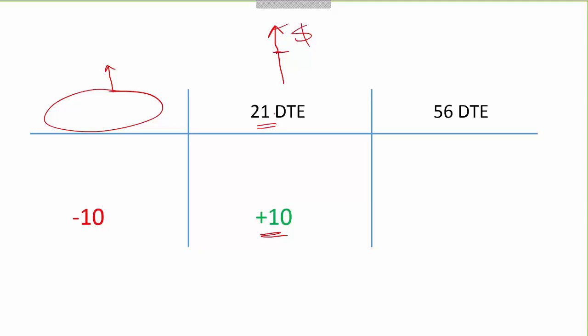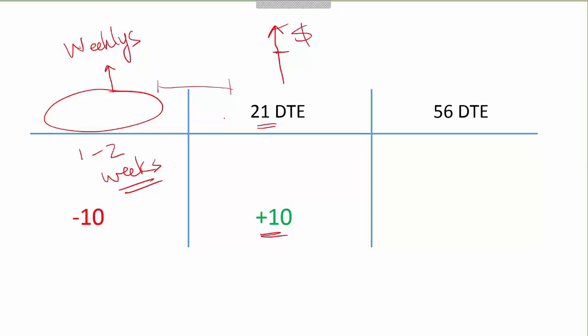Therefore, if you want to do this type of stuff, you have to look at something that has weeklies, all right? So you want to sell something shorter term in front of it. But then you've got that final week at which you can't sell something in front of it, right? What that means is that you have roughly 1 to 2 weeks' worth of weeklies that you can sell in front before you can't do it anymore, right?